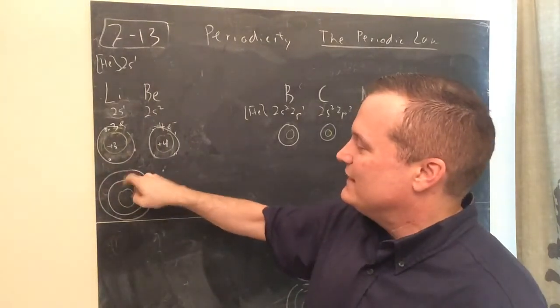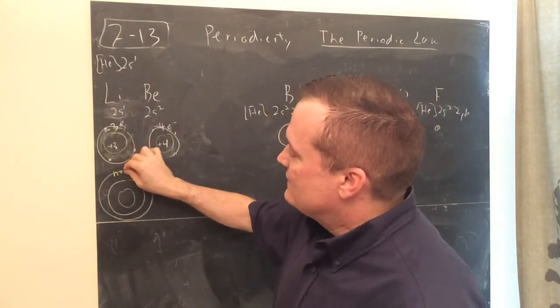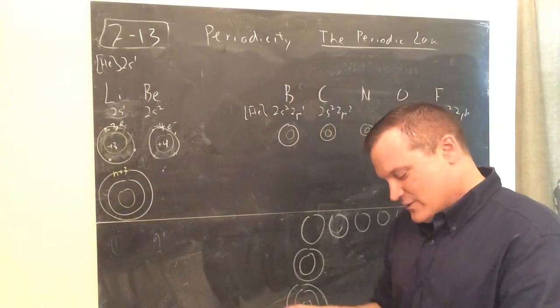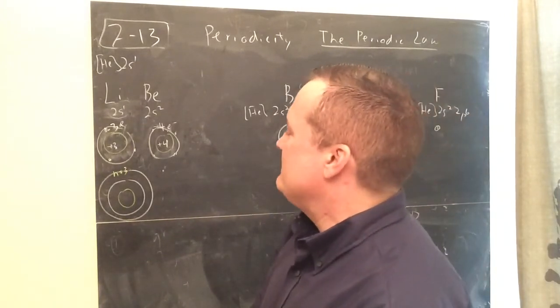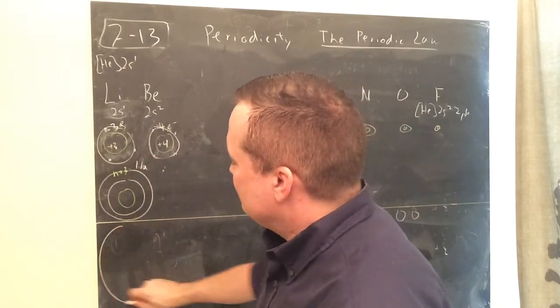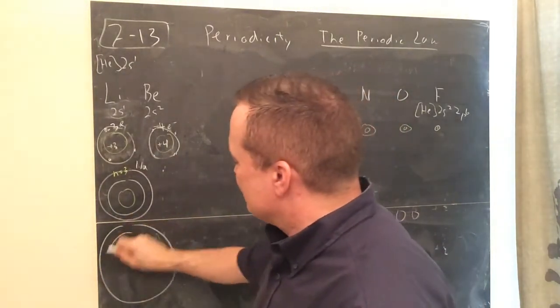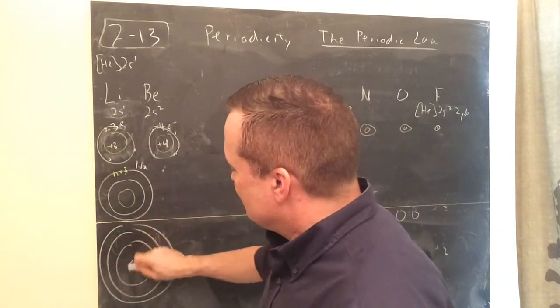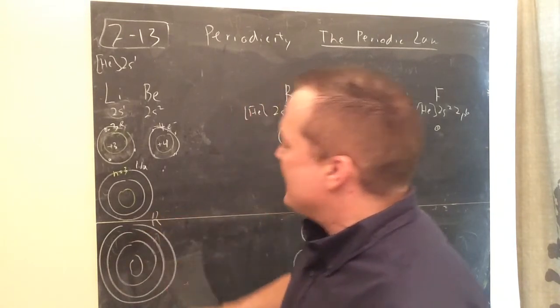We've shown you that before. N equals 3, and that would be for sodium, Na. And then if I go down again, do I have room? Yeah, that would be like the last one that fits. That would be K, potassium.